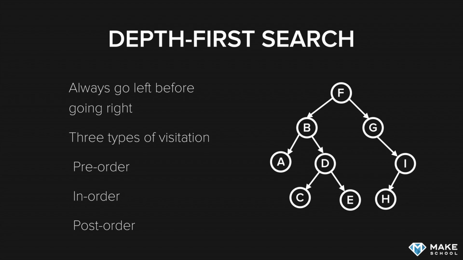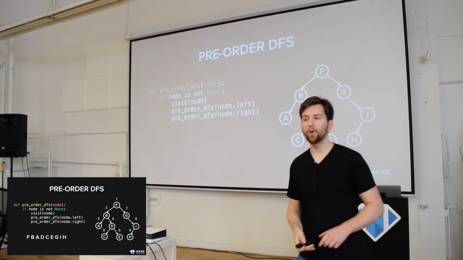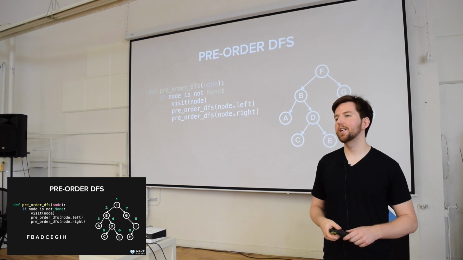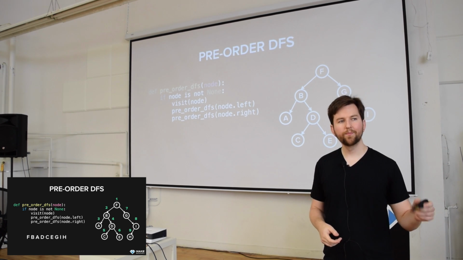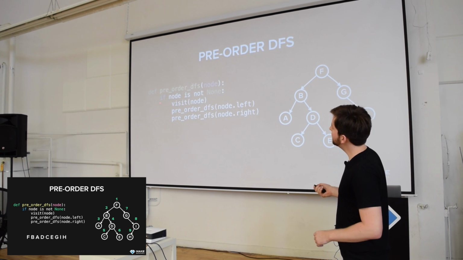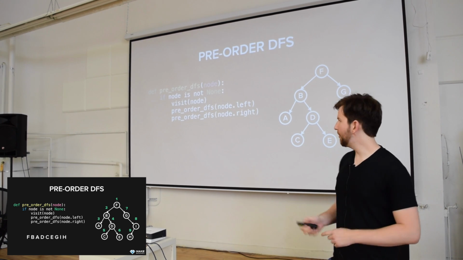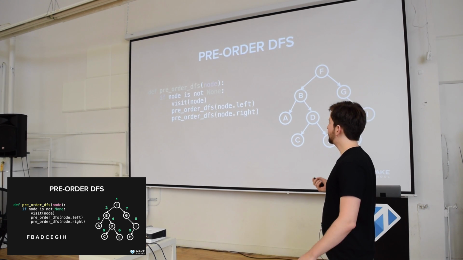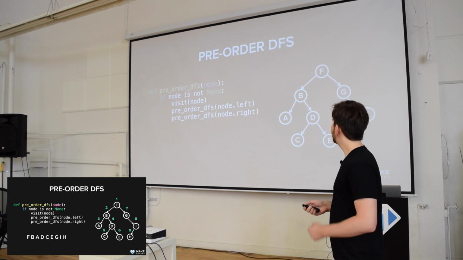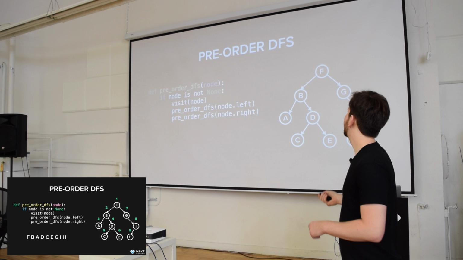So let's talk about pre-order depth first search first. By the way, you'll notice that each of the depth first searches is recursive, just like the search we did earlier today. Recursion as a review means that you're calling the function from within itself. Here we have pre-order depth first search. The only parameter is the node that we're currently at.